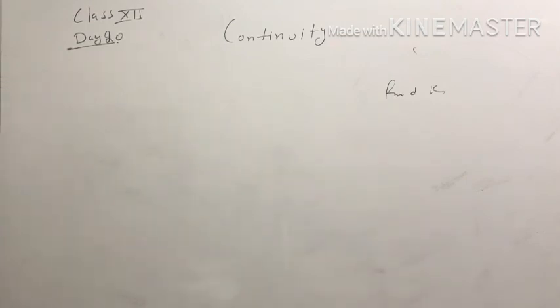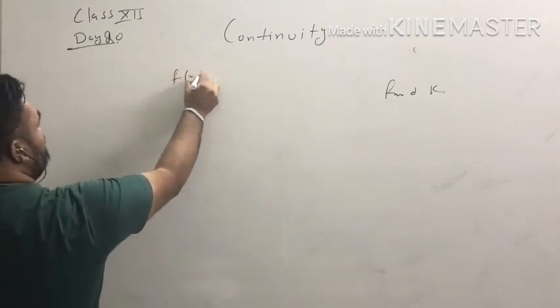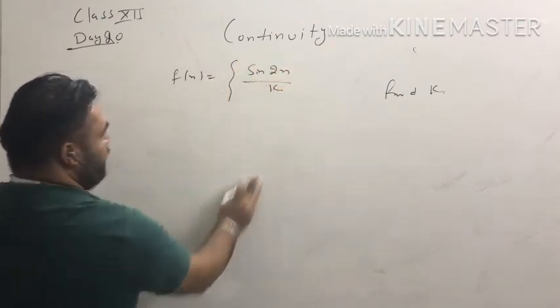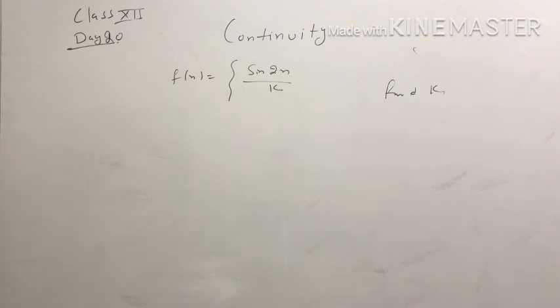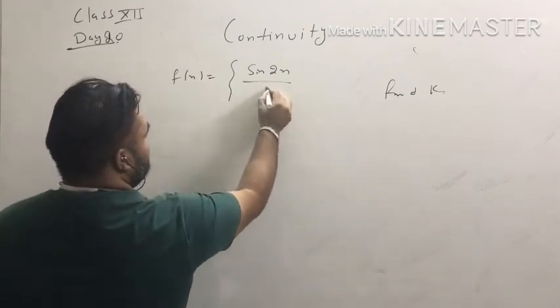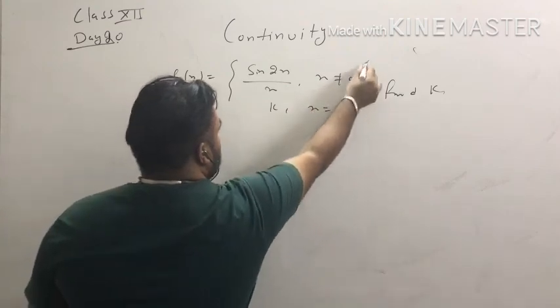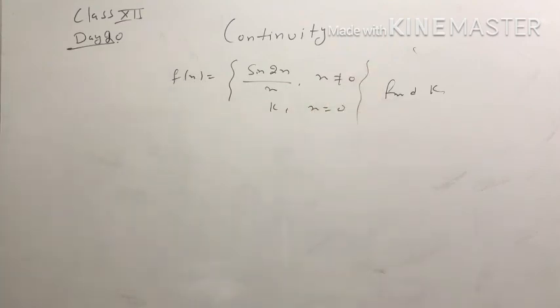The question is f(x) = sin 2x / x, x ≠ 0, and k at x equals 0. We have to find the value of k.